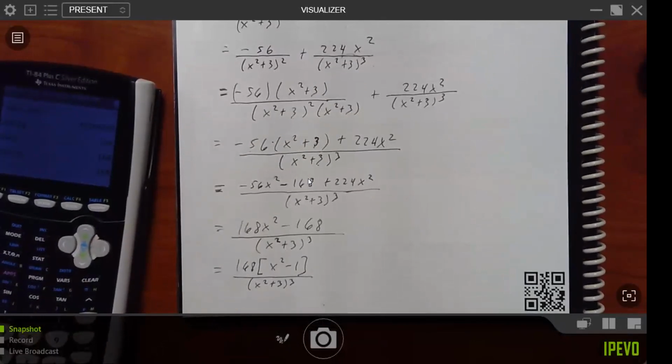Okay. So we found the first and second derivative. They're not pretty, but oh well. Determine the open intervals on which the graph is concave down.